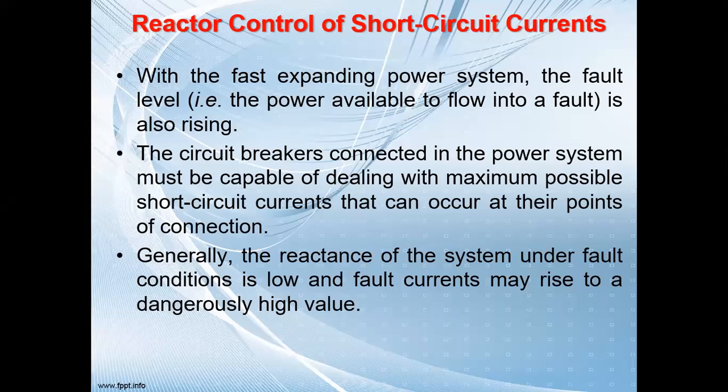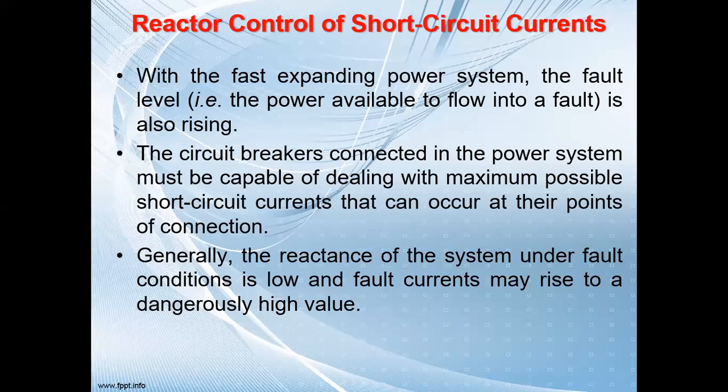For a fixed voltage, if the impedance is more, the current will be low. So by connecting a reactor in series, we can reduce the value of the fault current. We want to limit the fault current so that it does not exceed a maximum value, and thereby protect the equipment connected to the system.